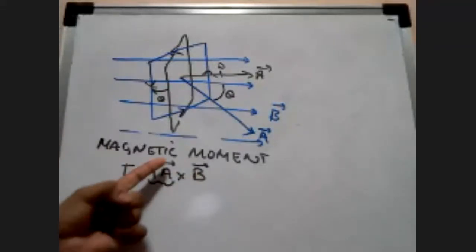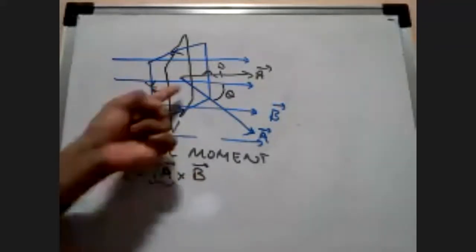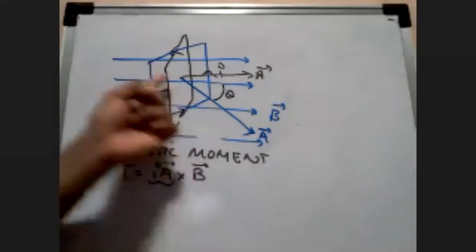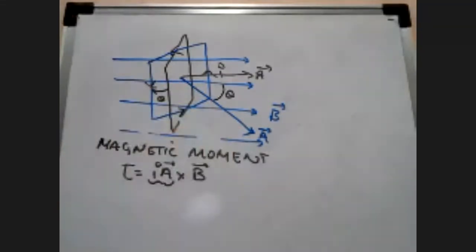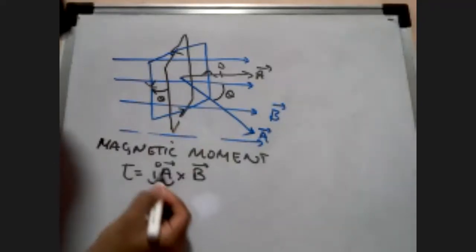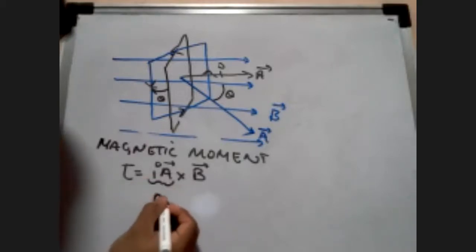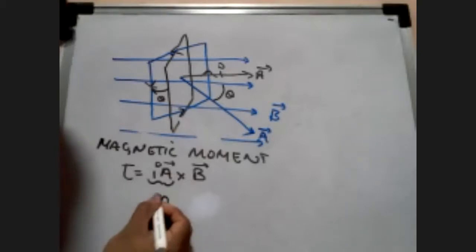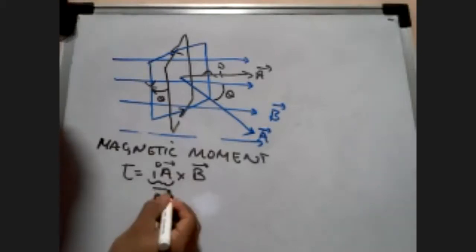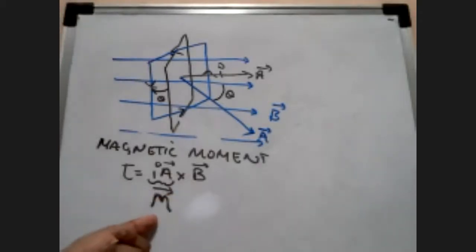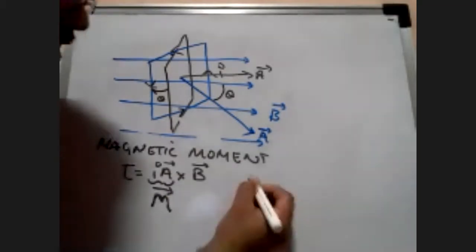Because area has some certain direction here, as you can see the direction of the area vector here, right? So the combination of current, which is a scalar quantity, and the area vector gives rise to magnetic moment, and this magnetic moment is defined by capital M, of course with a vector sign. So this is called magnetic moment. You can write that as IA.